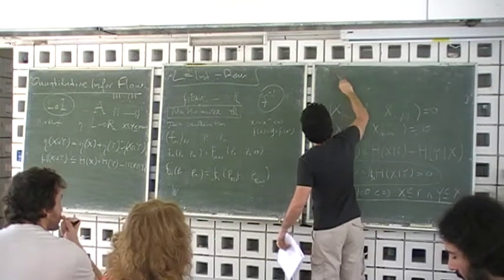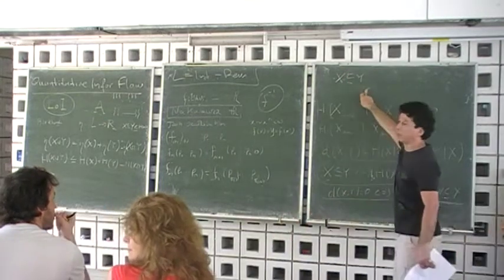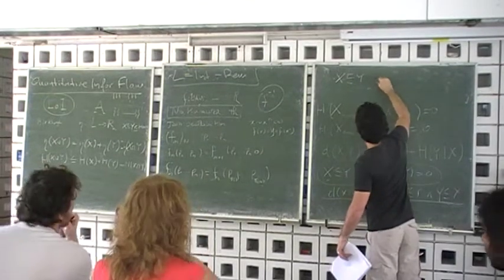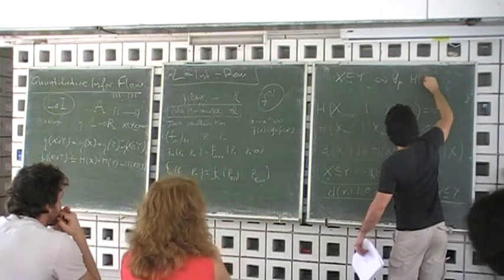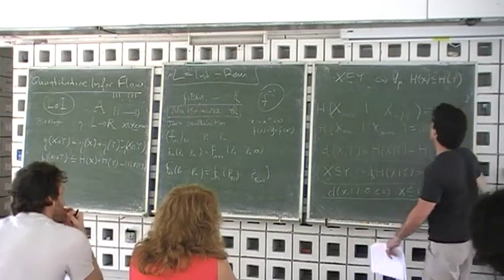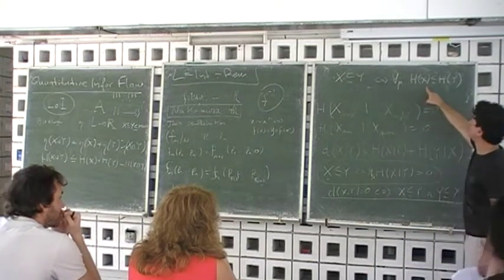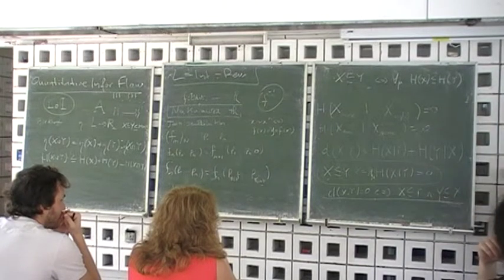Again, the refinement order x is below y if and only if for all possible distributions the entropy of x is always below the entropy of y, no matter which distribution we take on the atoms.